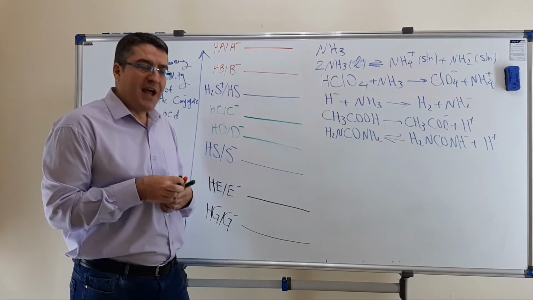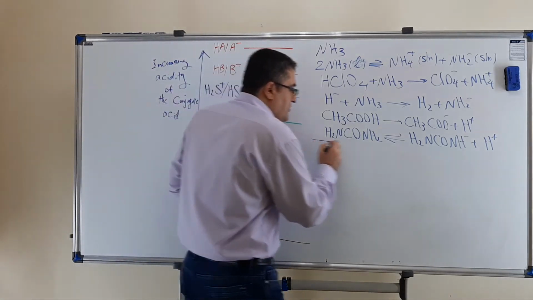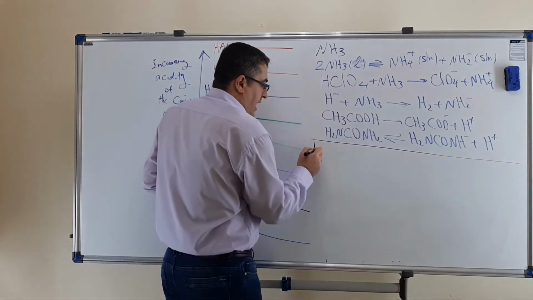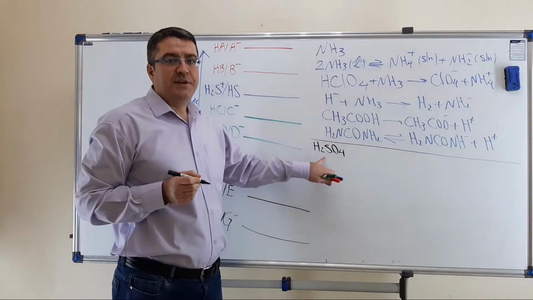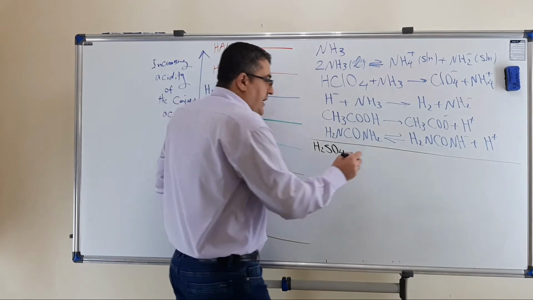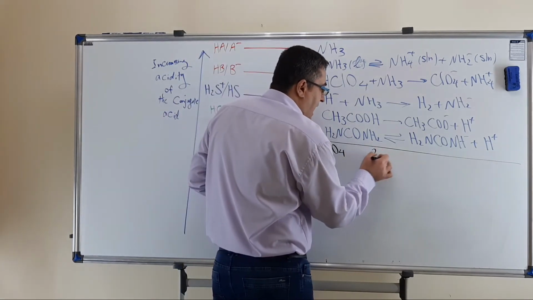As another example, let's consider sulfuric acid as the solvent. Sulfuric acid is an amphiprotic solvent. It has autoprotolysis as follows.